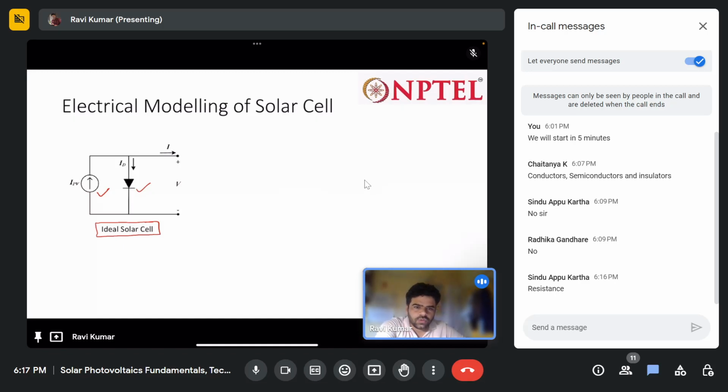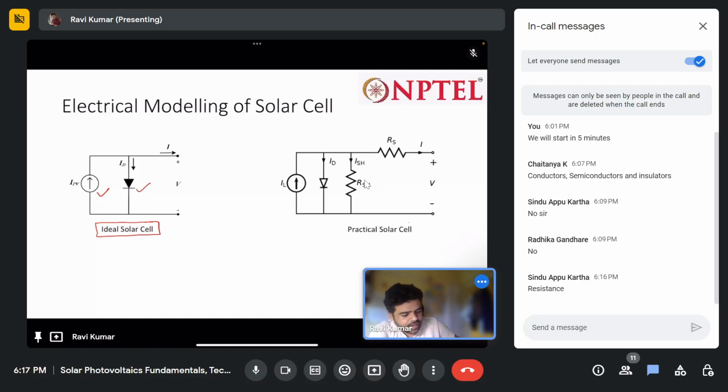So I'll show you the practical solar cell. This is a practical solar cell, and this one was the ideal. This part is ideal, but we have this part which is external.